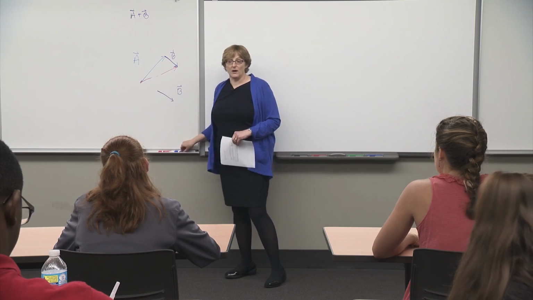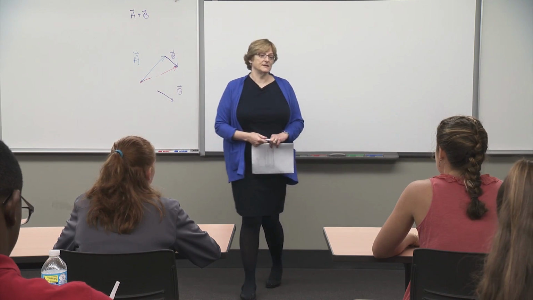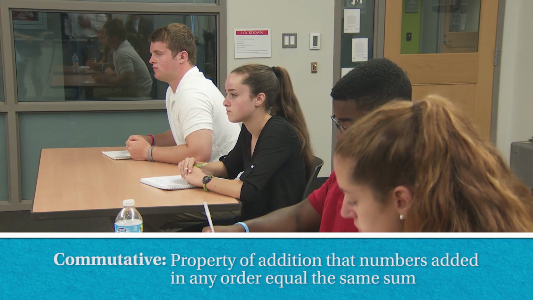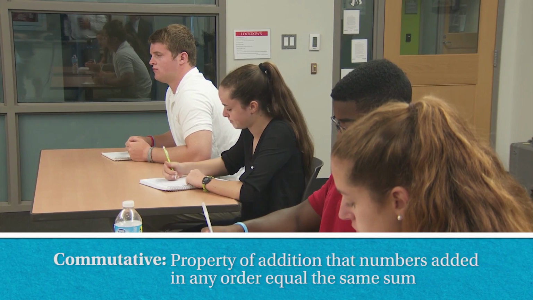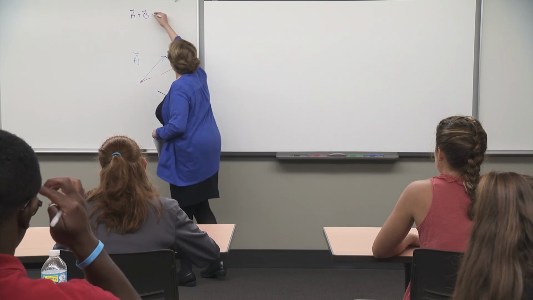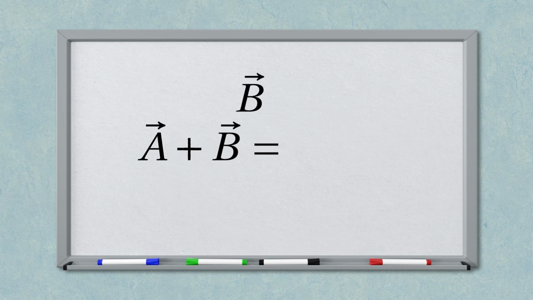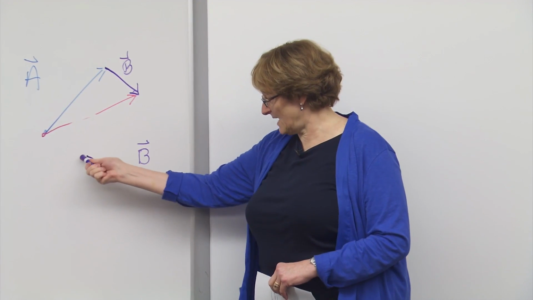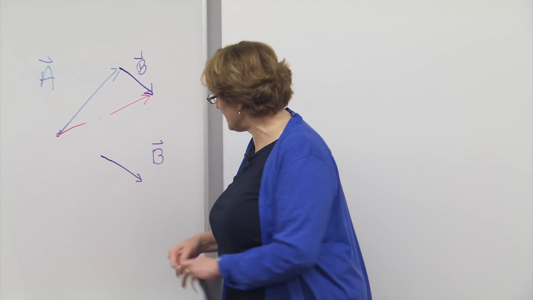Now, the addition of vectors is commutative. I can also write this quantity, B plus A, is exactly the same quantity. It just means I do instruction B first and then I do instruction A. So how would that look? Here is instruction B. So let's say I do that. Let me start at the same spot.